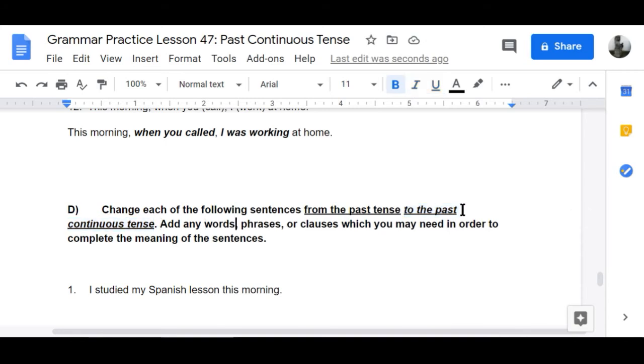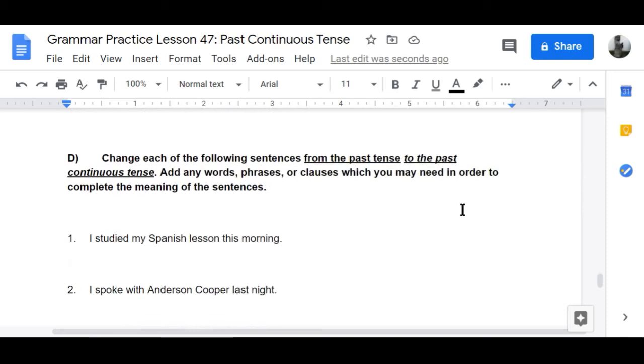Add any words, phrases, or clauses which you may need in order to complete the meaning of the sentences. As for the students who have classes with me, please don't copy my phrases, okay? I'm gonna see if you guys are cloning my phrases or not. Please use your imagination.